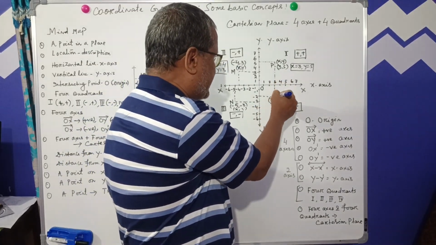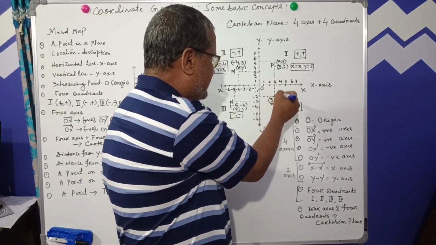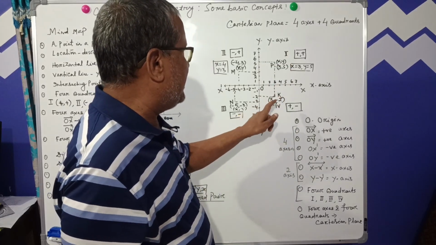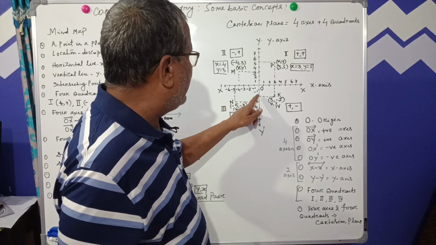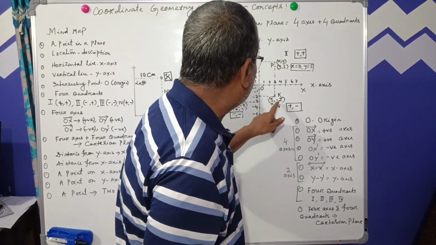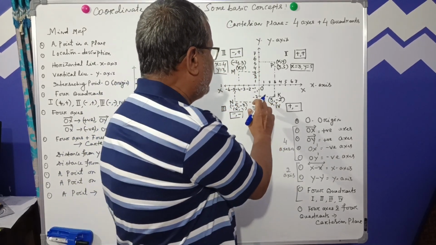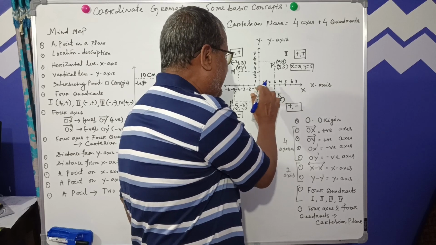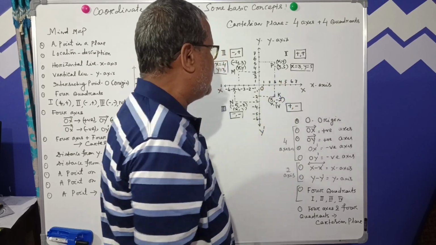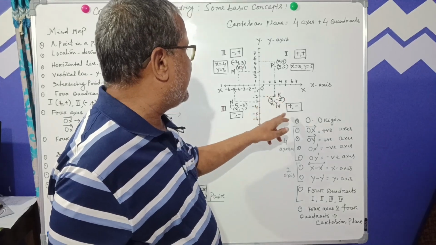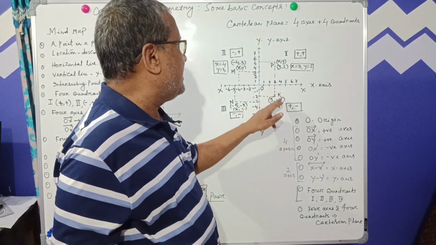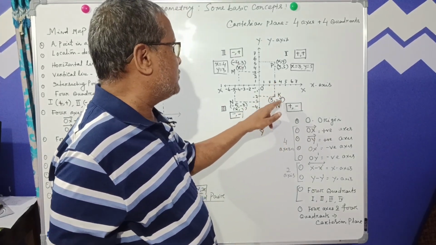And the perpendicular distance from the x-axis to the point, which is called the y-ordinate, is minus 2. Here you see x is plus 3 and y is minus 2. The abscissa or x coordinate is 3 and the y coordinate or ordinate is minus 2.